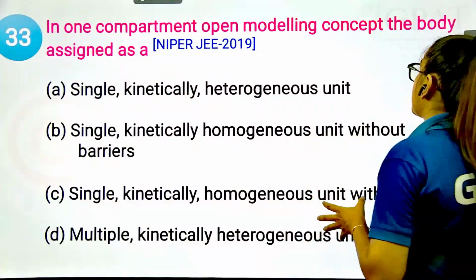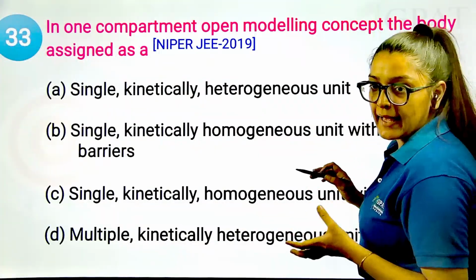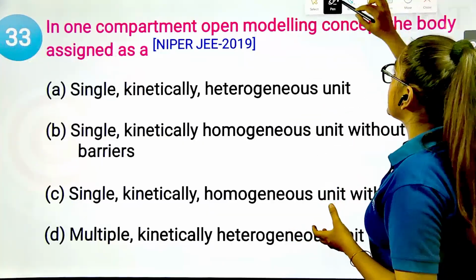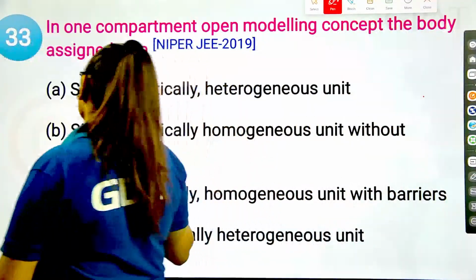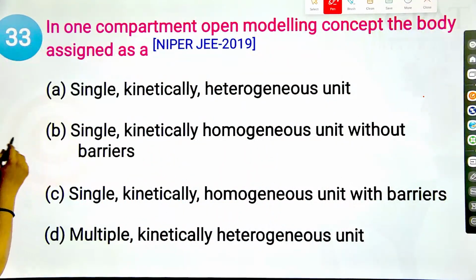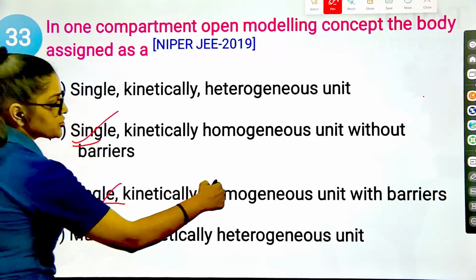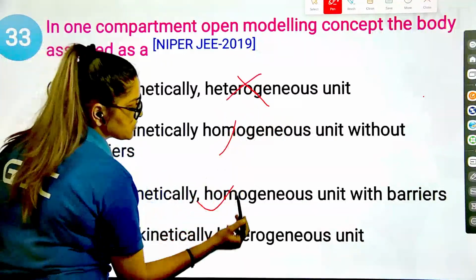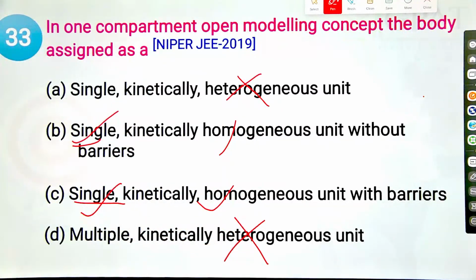in one compartment modeling, the body is assigned as what? I have just told you the body can be categorized as single or multiple, but if it is categorized as single, it will be homogeneous. Single is correct, homogeneous is correct, heterogeneous is not possible. We generally categorize the body as a single homogeneous unit, right?